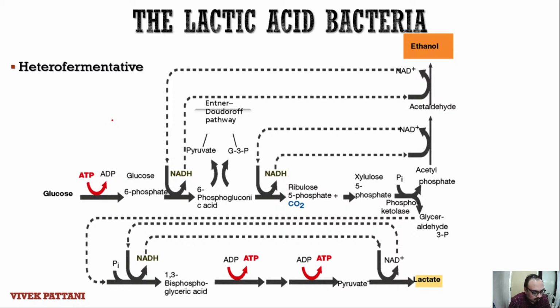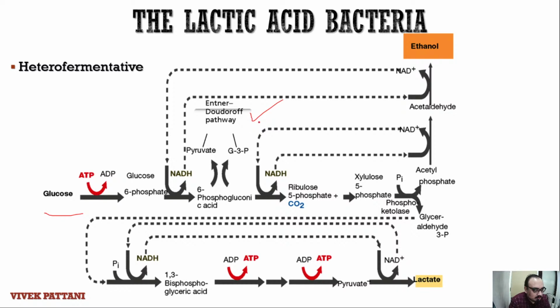Starting with the process, glucose is converted into glucose 6-phosphate, and further transferred to 6-phosphogluconic acid.